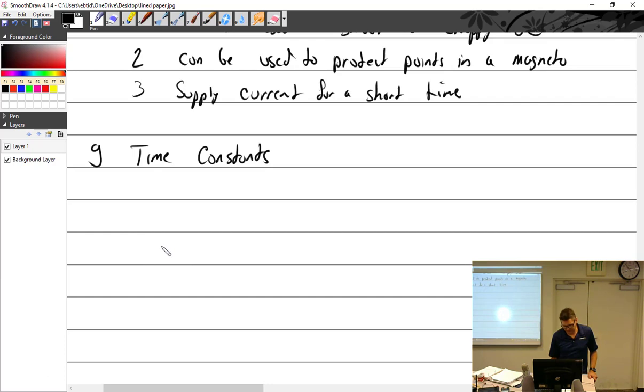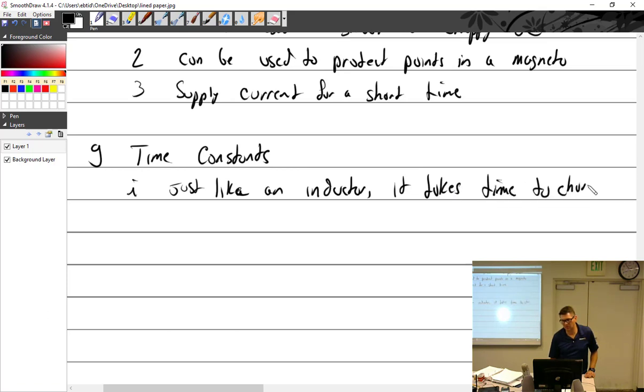Time constants. All right, so just like an inductor, it takes time to charge a capacitor.